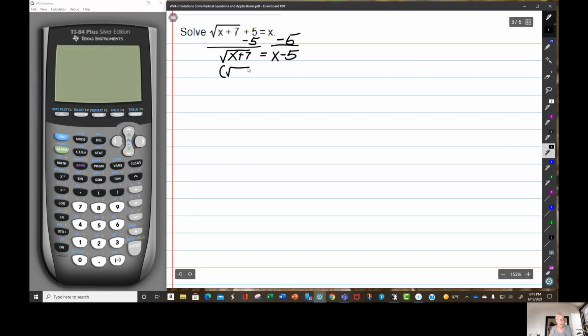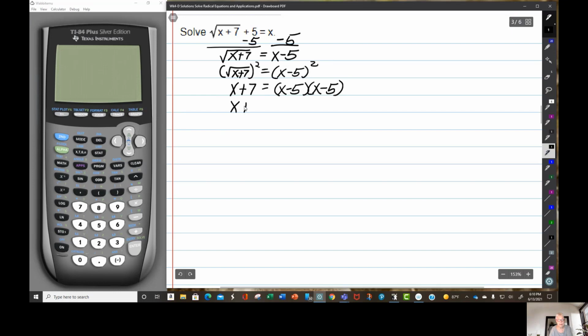So I'll have the square root of x plus 7 squared equals x minus 5 squared. The square root of x plus 7 squared is just x plus 7. x minus 5 squared is x minus 5 times x minus 5.